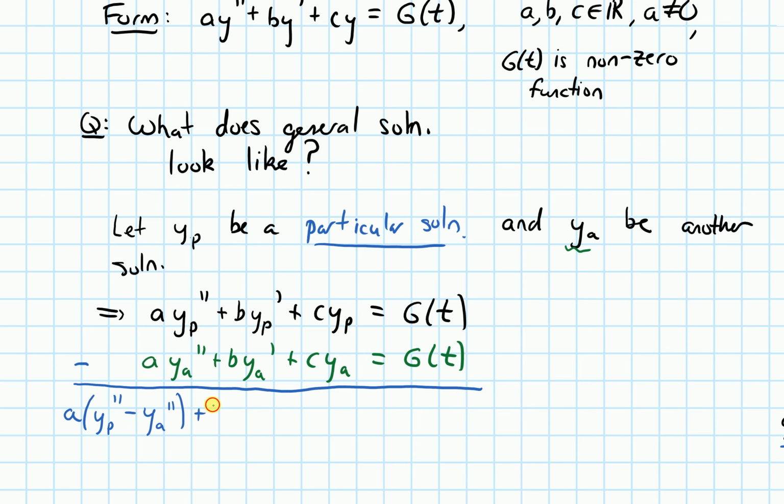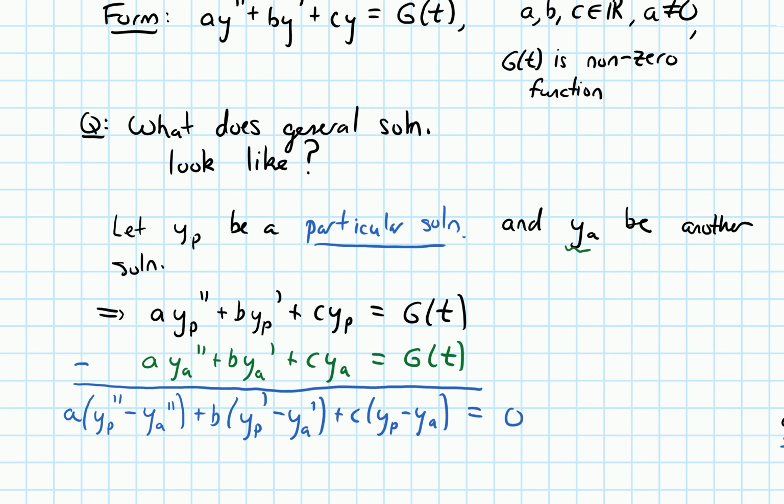Then I'll have b times yp prime minus ya prime. And then I'll have c times yp minus ya. That's what we have on the left. On the right, g of t minus g of t, that's just 0.